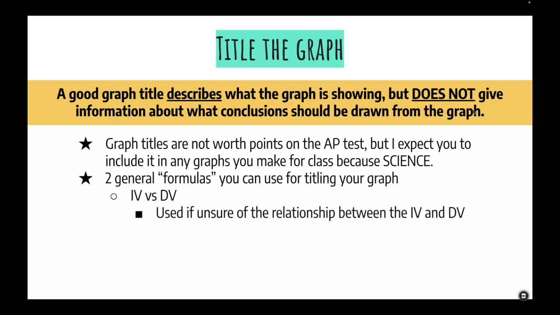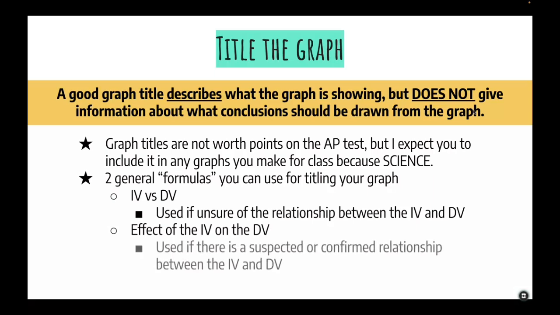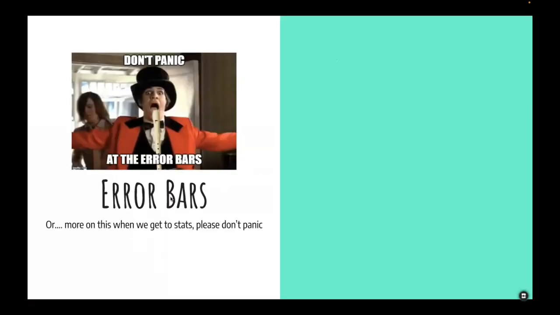Usually you could do your independent variable versus your dependent variable if you are unsure if there's any relationship. And then you can use effect of independent variable on the dependent variable if you suspect that there is a relationship. So for example, you can say light intensity on plant growth or something like that.